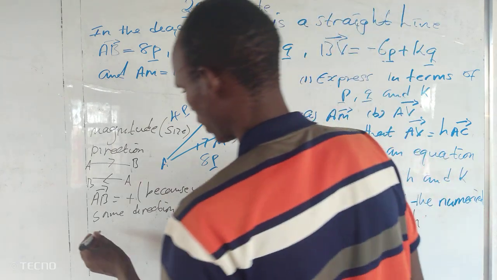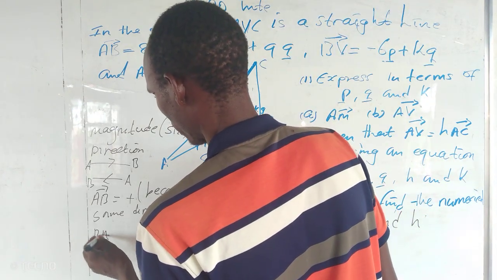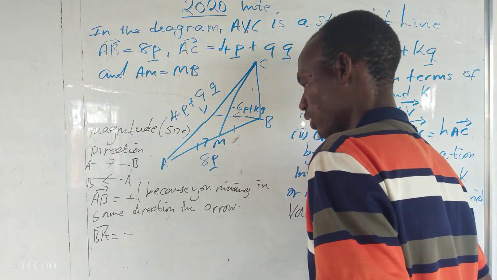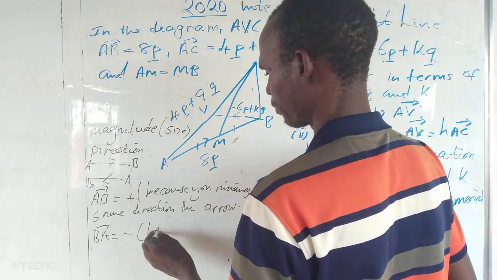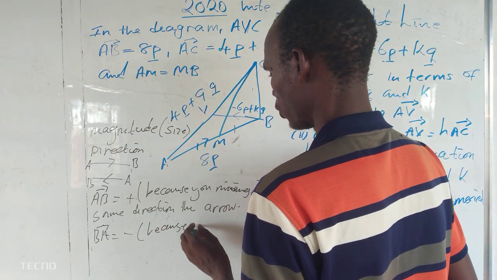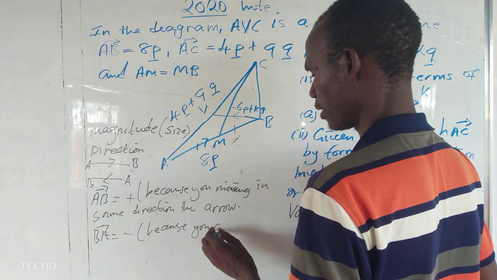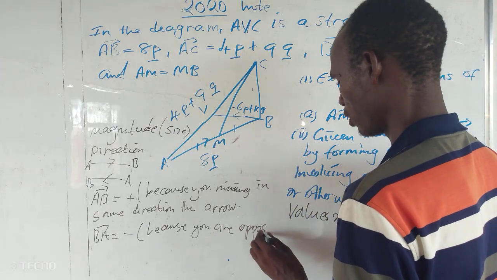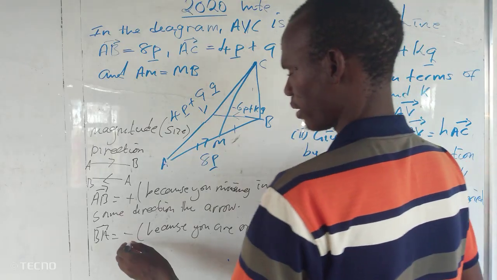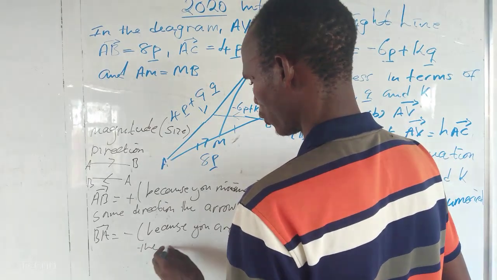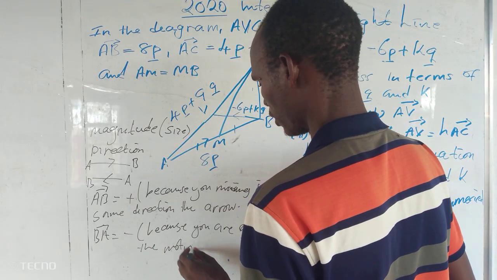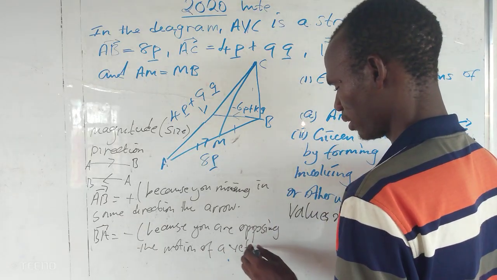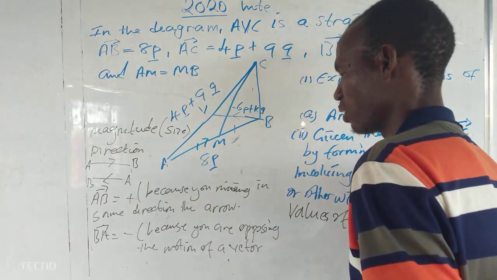What about vector BA? Vector BA is negative. The reason is that you are opposing the motion of the vector.